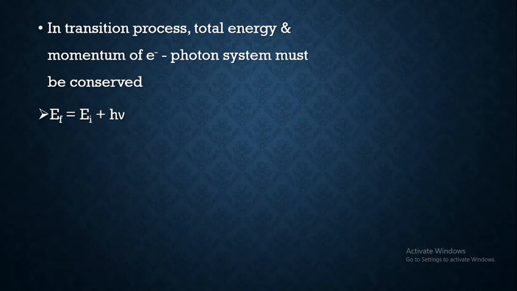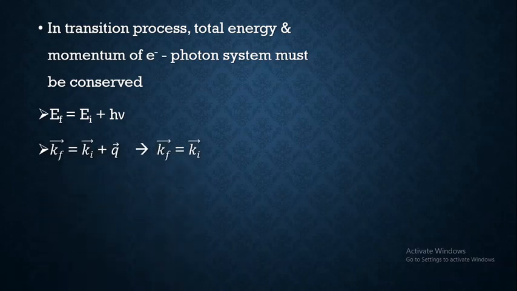Conservation means the energy before transition should be equal to that after transition, but here Ef is not equal to Ei. Ef is equal to Ei plus h nu, that is, final energy equals initial energy plus the photon energy. So we can see that here energy is not actually conserved.